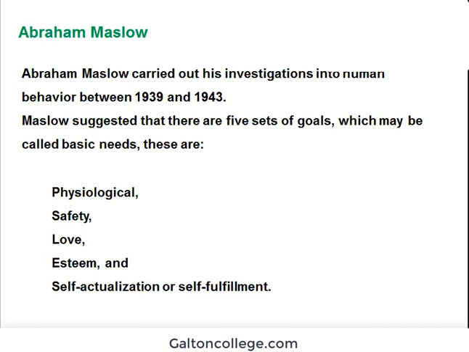Abraham Maslow carried out his investigations into human behavior between 1939 and 1943. Maslow suggested that there are 5 sets of goals which may be called basic needs, and these are psychological, safety, love, esteem, and self-actualization, or if you like, self-fulfillment.